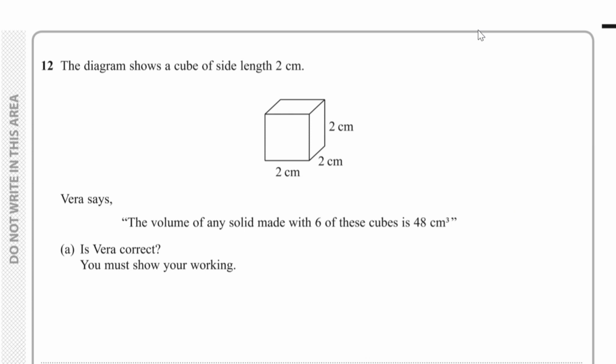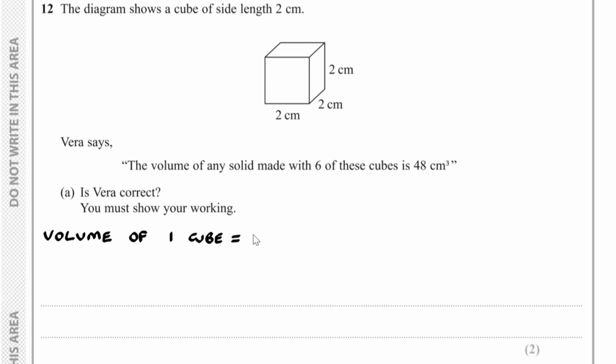Question number 12. The diagram shows a cube of side length 2 centimeters. Vera says the volume of any solid made with 6 of these cubes is 48 centimeters cubed. Is Vera correct? You must show your working. Well, first thing we can do is find out the volume of 1 cube. So that's 2 times 2 times 2, 2 cubed in other words.